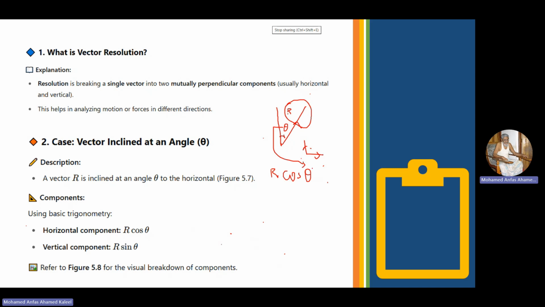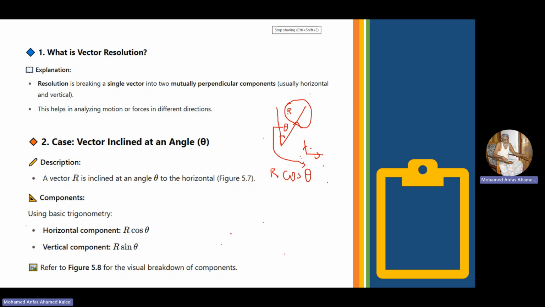No need for any confusion. Consider only the angle between the force and the direction in which you are going to break it. Let's say it's theta, then you can break that force as R cos theta in that direction. Whichever direction you are going to break, the angle between it and the force, you directly consider as R cos theta.